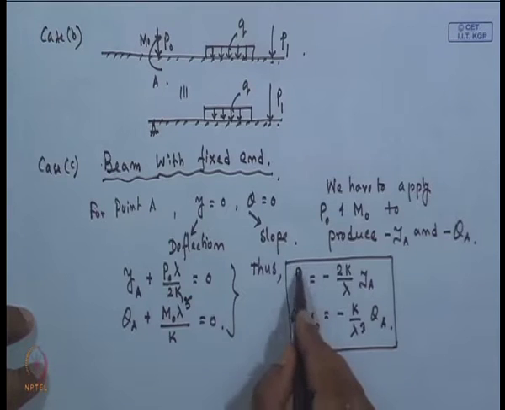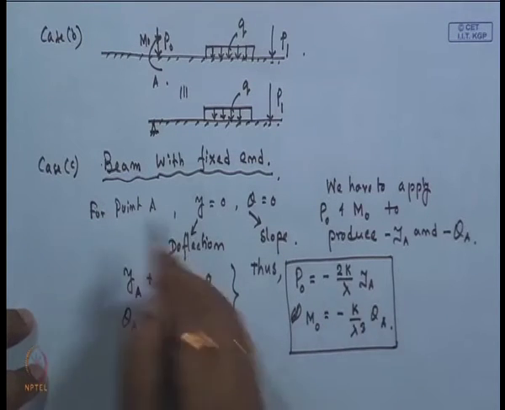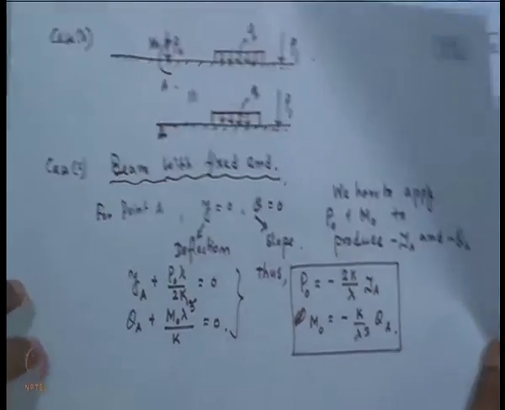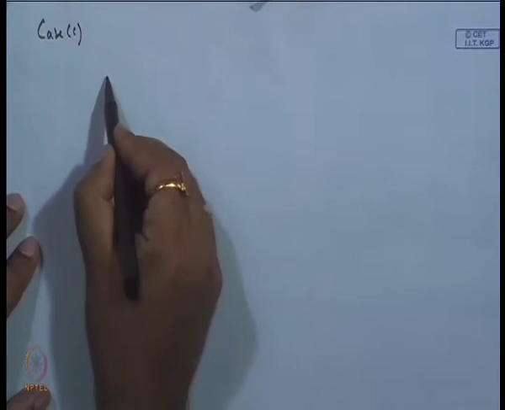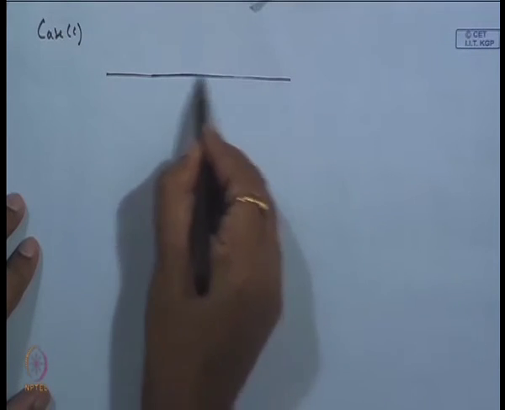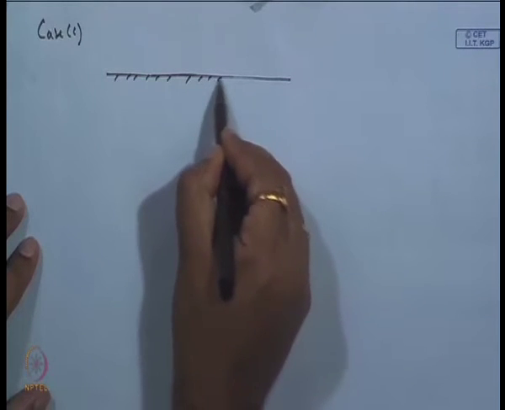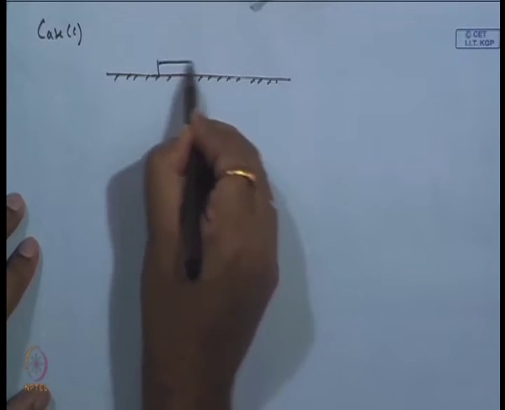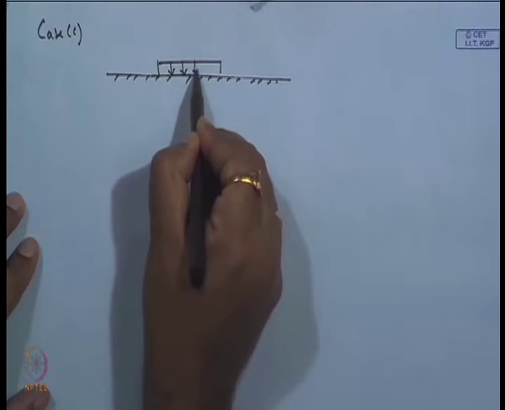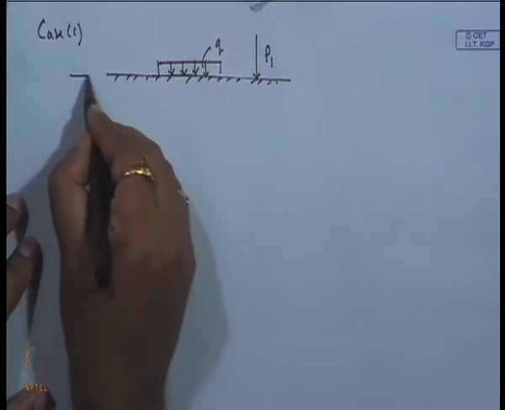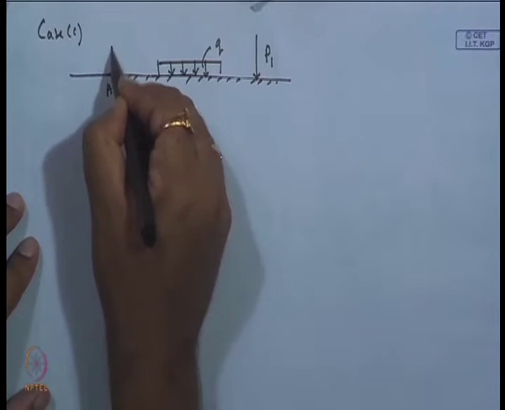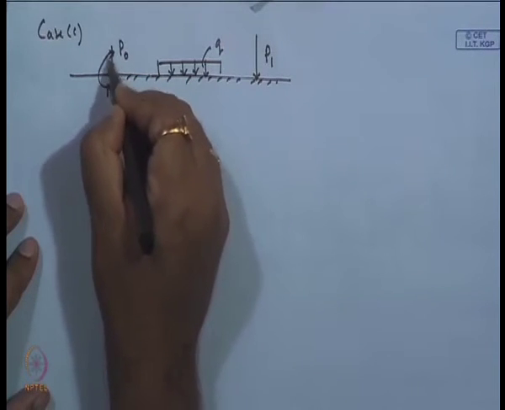Now if we produce this P 0 and M 0 based on these two calculations, then we get case 3 or case C. This is an infinite beam with Q, and we apply a concentrated load, and then at point A we are applying P 0 and M 0.